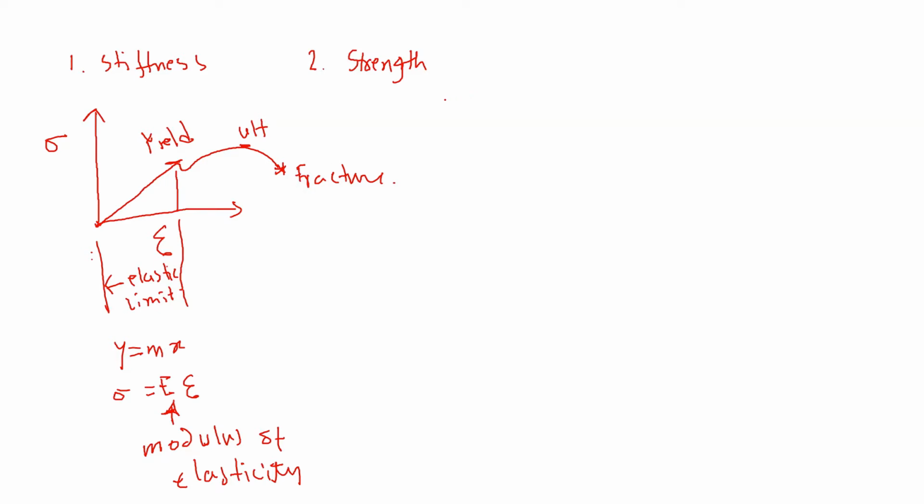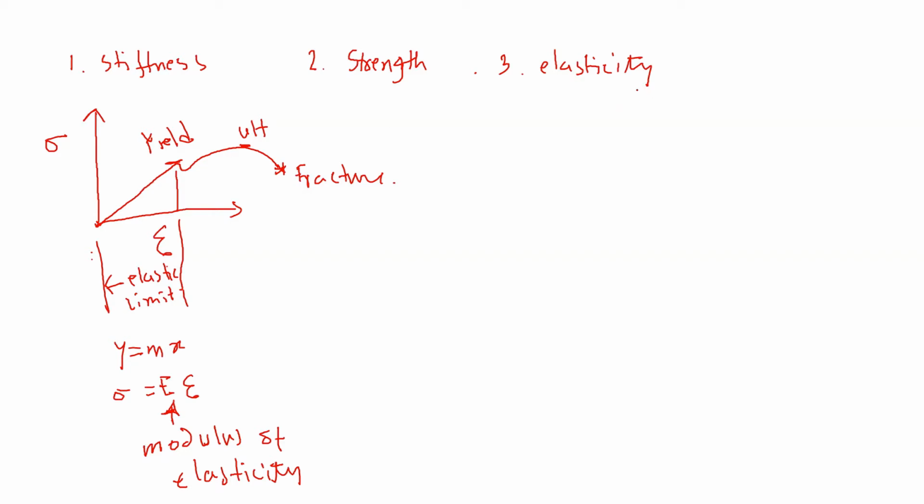And then the third property of material is elasticity. Basically the ability of material to go under deformation without leaving that yield point. So how much it is elastic, that is defined by this straight line area.